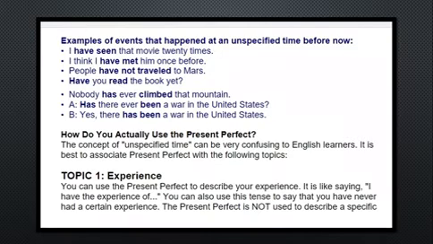Have you read the book yet? Nobody has ever climbed that mountain. Has there ever been a war in the United States? Yes, there has been a war in the United States.